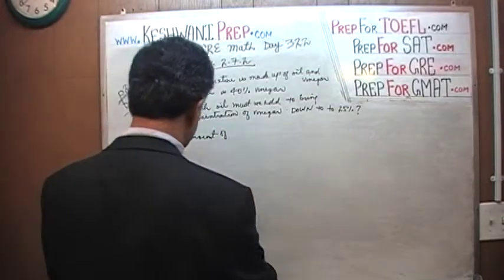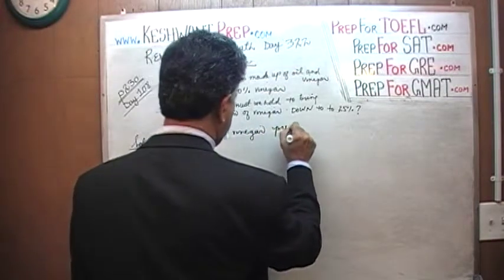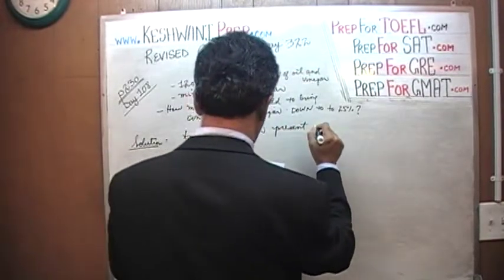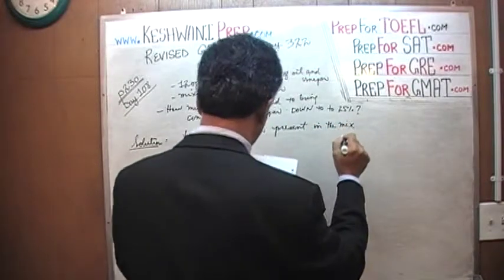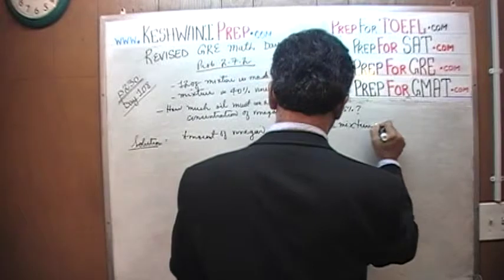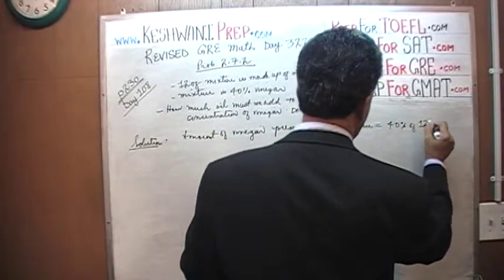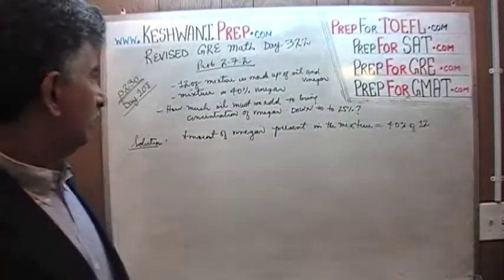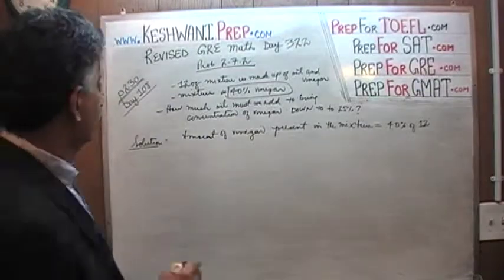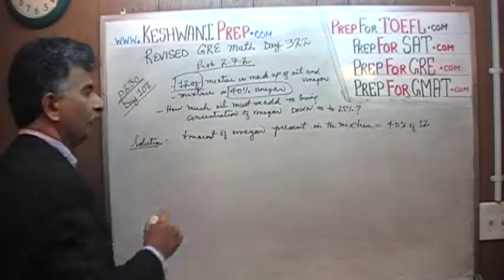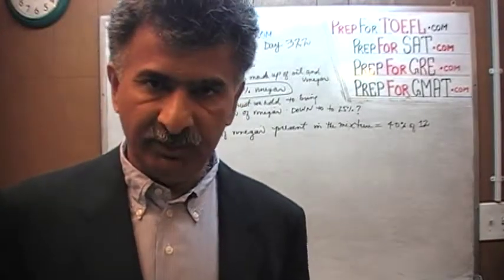The amount of vinegar present in the mixture is 40% of 12, because the initial concentration is 40% and we have a total of 12 ounces of mixture. So 40% of 12 ounces, that's the amount of vinegar we have.